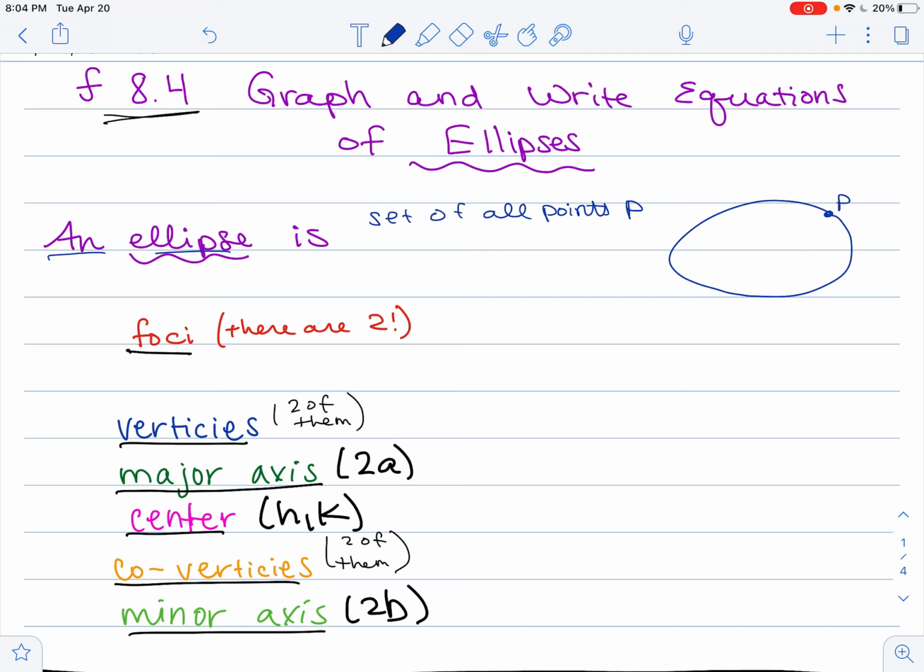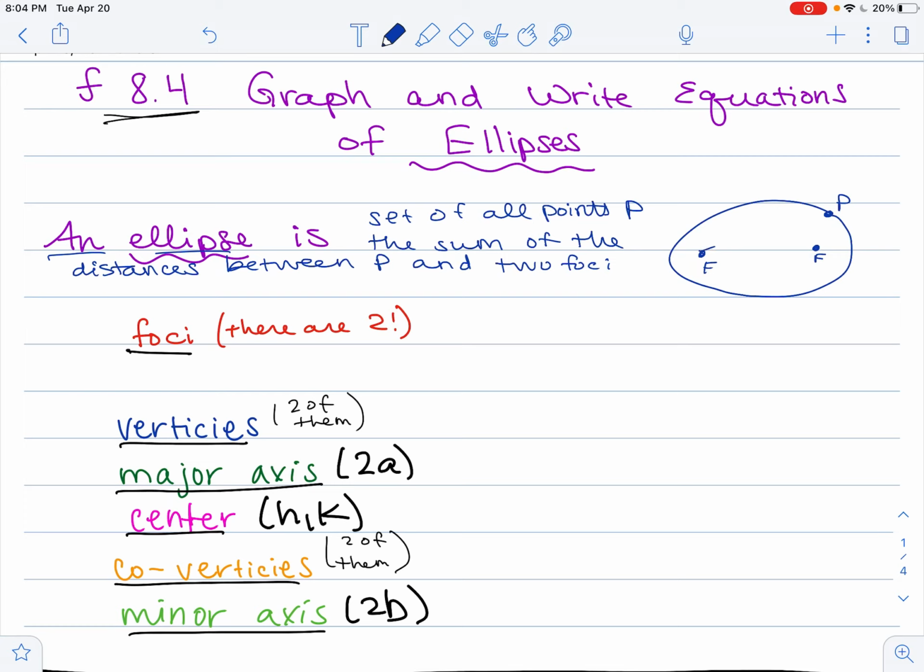such that the sum of the distances between P and two foci, which these are the two foci in here, is constant.